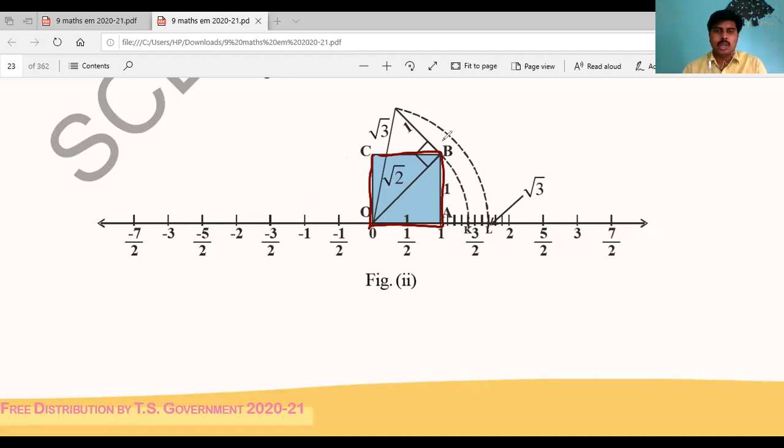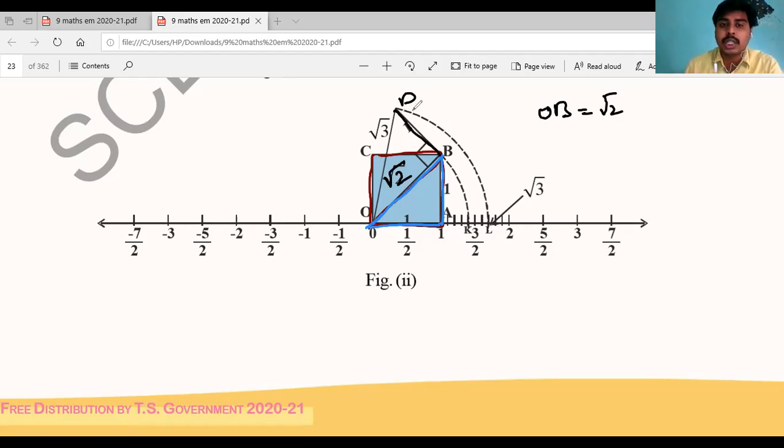We made this square on the base of unit length. Now this OAB is a right angle triangle, and this is a length of root 2. OB is the hypotenuse, which is root 2 length, right? Now I am taking again a unit length, BD.